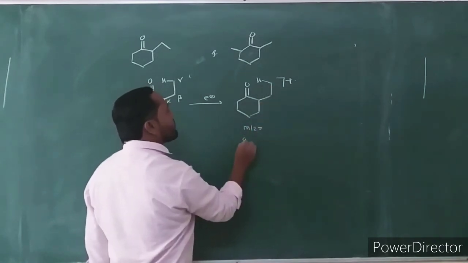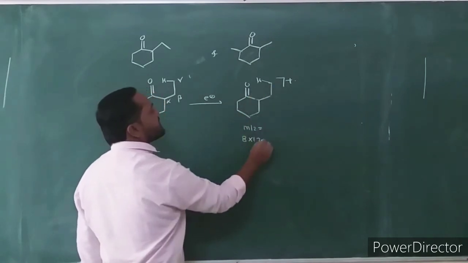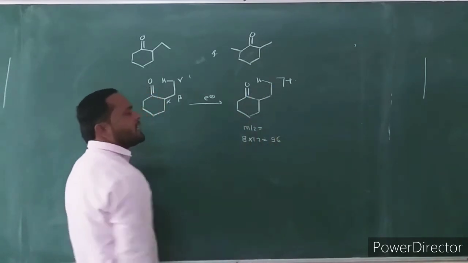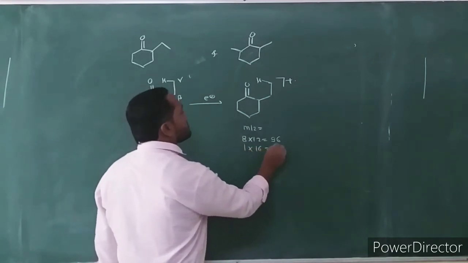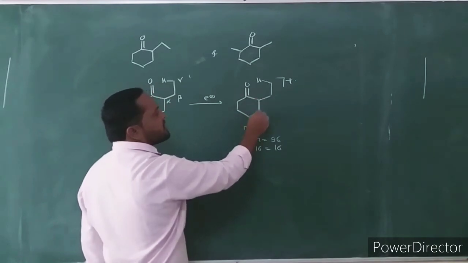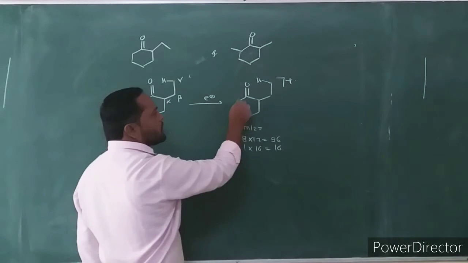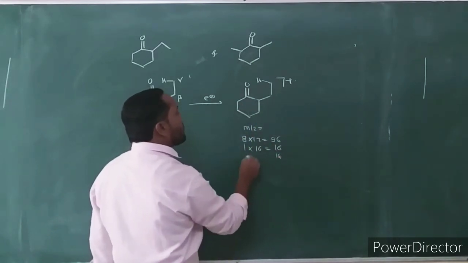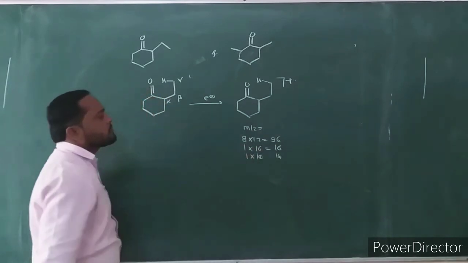The total number of carbons is 8, so 8 into 12 is 96. One oxygen is 16. The number of hydrogens is 14.